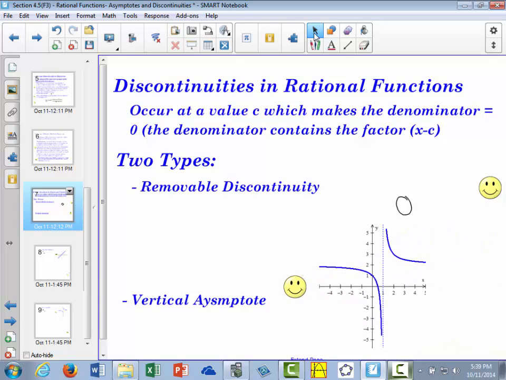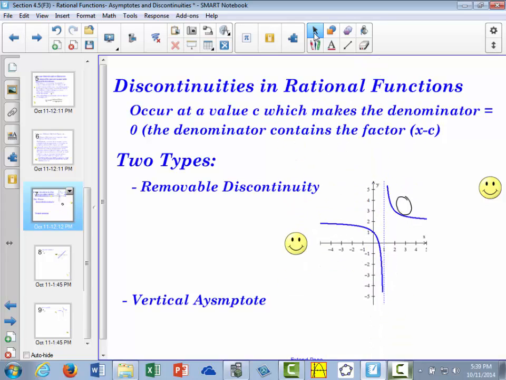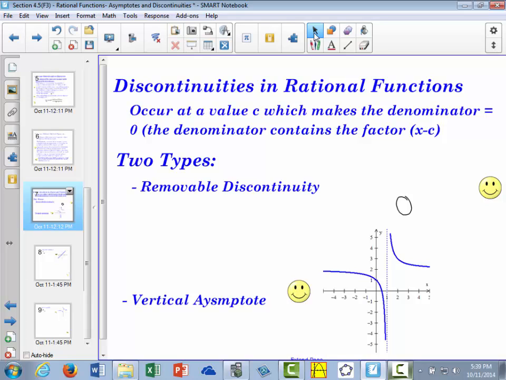So here we have one where at x equals 1 there is no value of y because for some reason the expression doesn't allow us to compute one. So let's take a look at these two possibilities and what type of rational function will produce each of them.